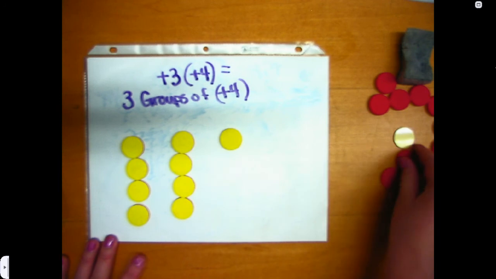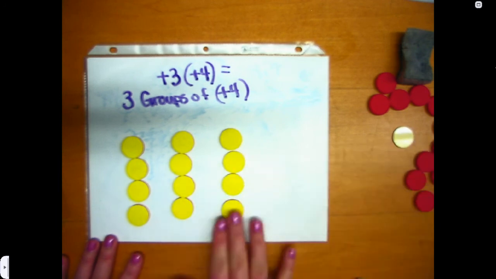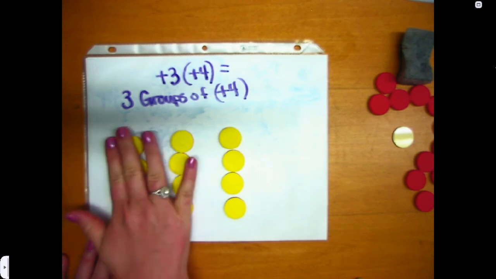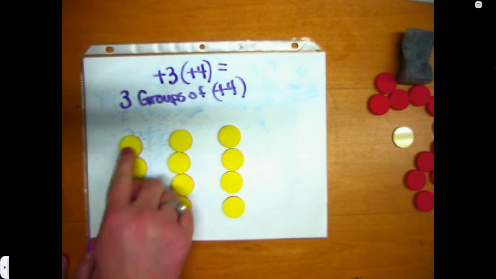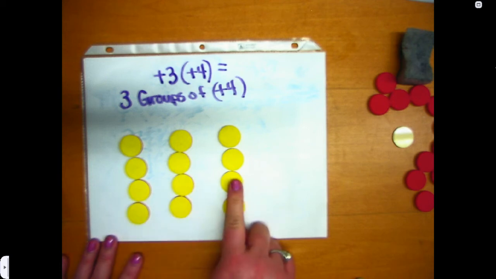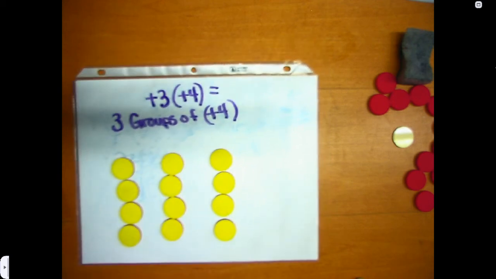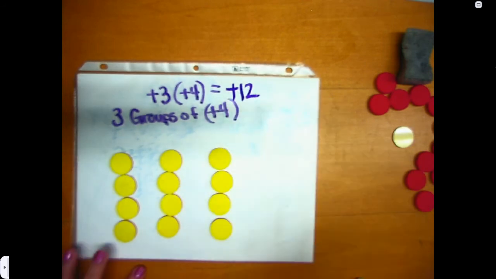And then one more group. Okay, so that's three groups, 1, 2, 3. And they all have +4 in each group. So my answer is 4, 8, 12. And it is a +12. So +3 times +4 is equal to +12.